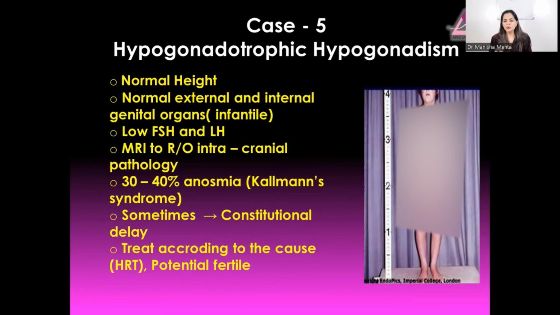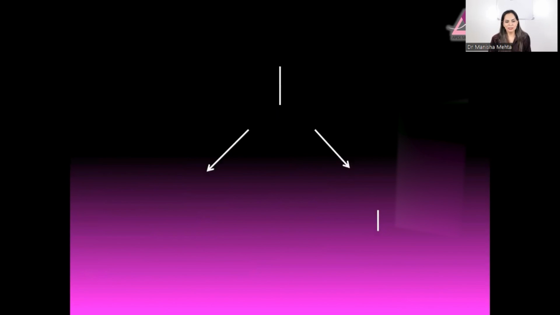An ultrasound will show that the ovaries are normal, the uterus is normal, but the uterus would be rudimentary size. But FSH and LH are low. We have to rule out any intracranial pathology. 30 to 40% cases in Kallmann syndrome will be associated with anosmia.